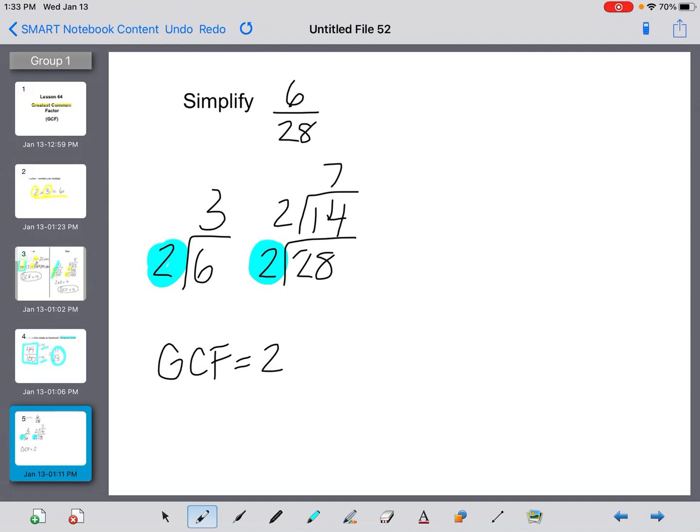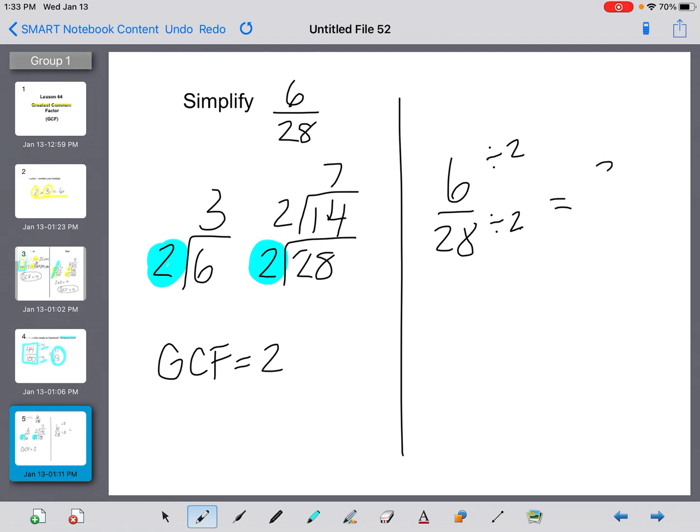And then all you have to do is take your fraction of 6 over 28, and then you divide the top, or the numerator, by 2, and you divide the bottom, or the denominator, by 2, and then you get 3/14, and that is your fraction in simplest form.